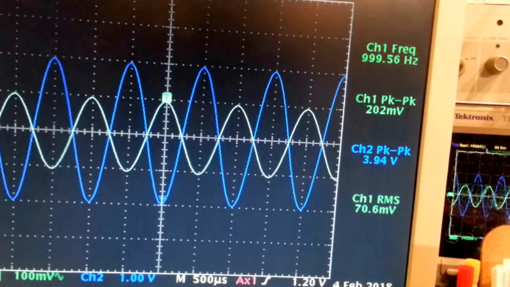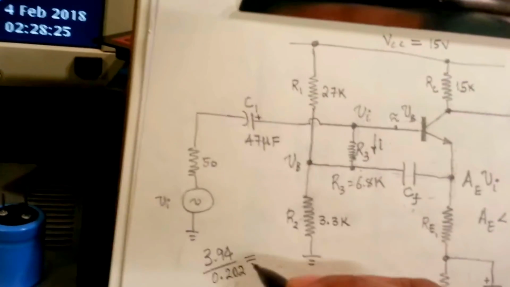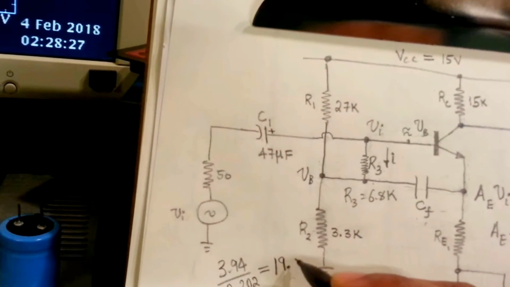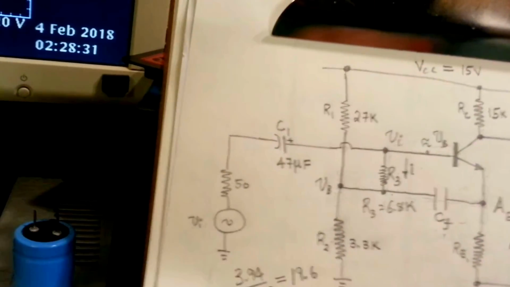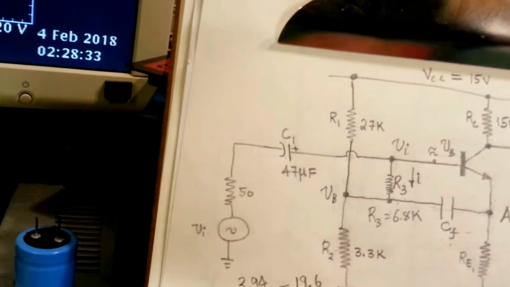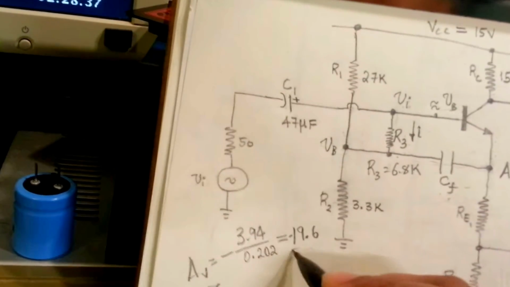Now our voltage gain, if we calculate it here, is going to be 19.6. So it's going to be negative. Our new voltage gain of the bootstrapped circuit is minus 19.6.